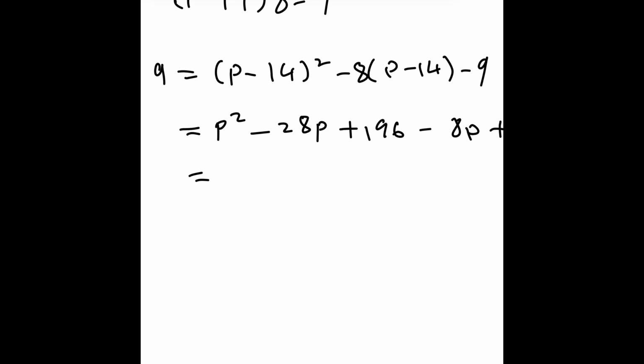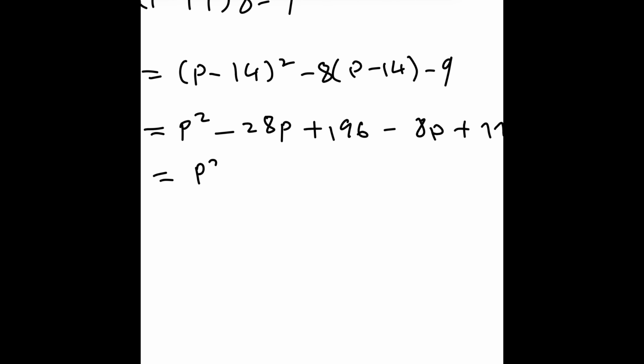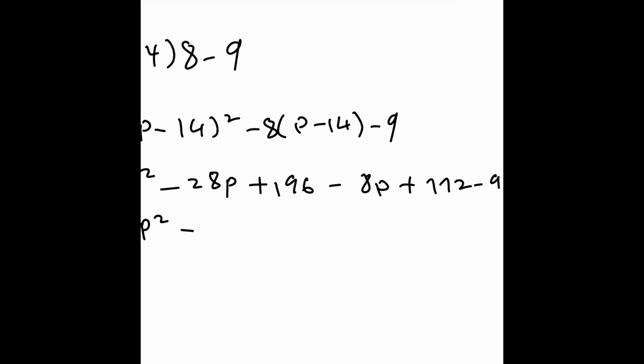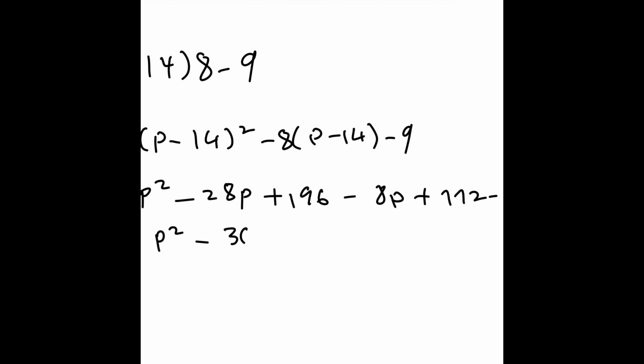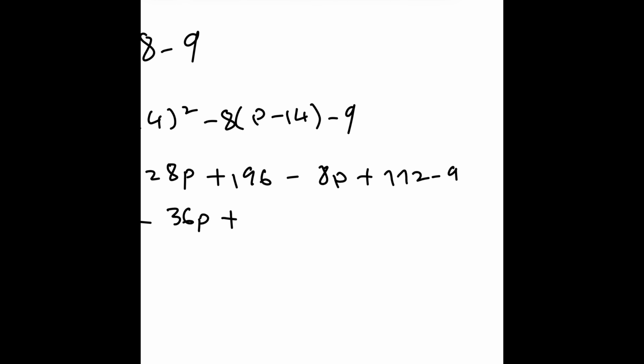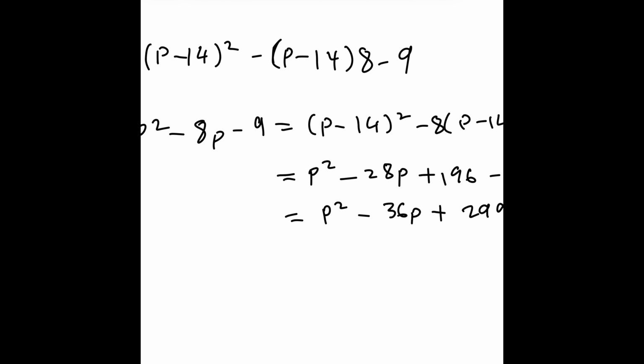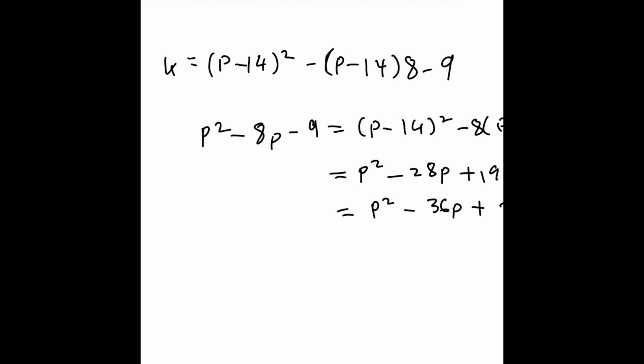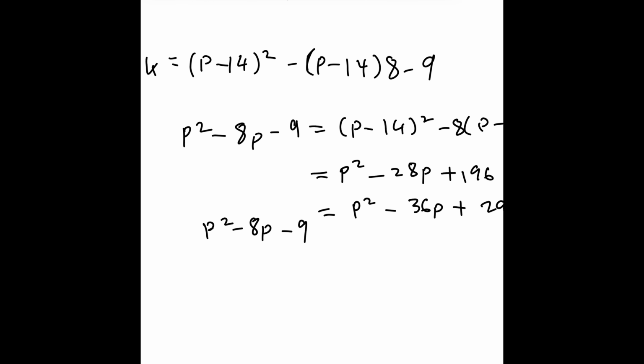So if we group all the terms, we get p squared minus 36p plus 299. Nice. It's going to be equal to p squared minus 8p minus 9.